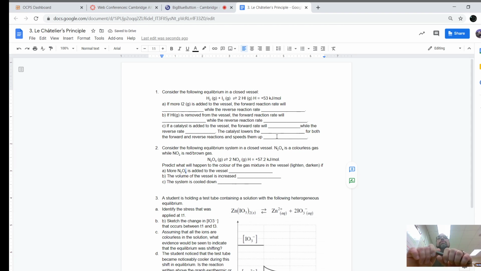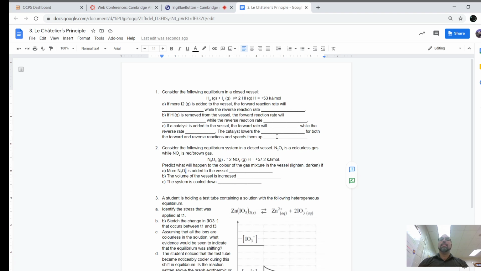Okay, so if you add more N2O4 to the vessel, initially it's going to be clear, because N2O4 is clear, but as you add more, as it goes along, it's going to darken because you are pushing that equilibrium to the right, because you've added more to it. So A is going to be darken.